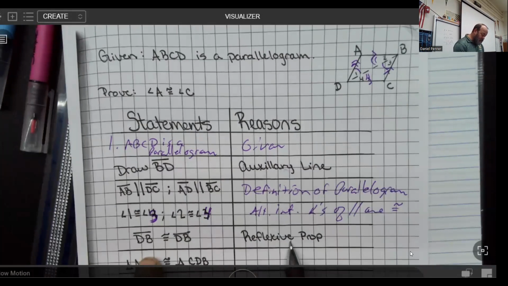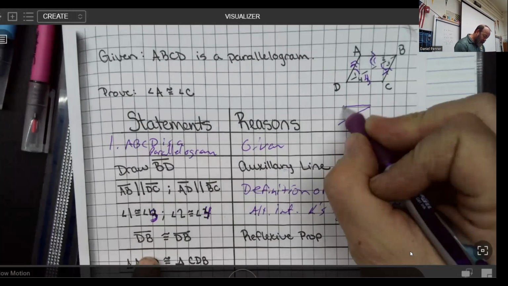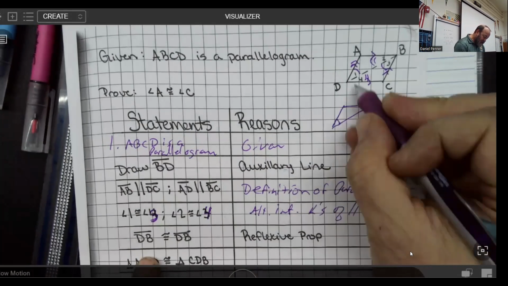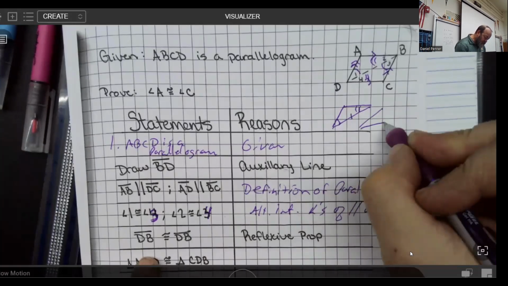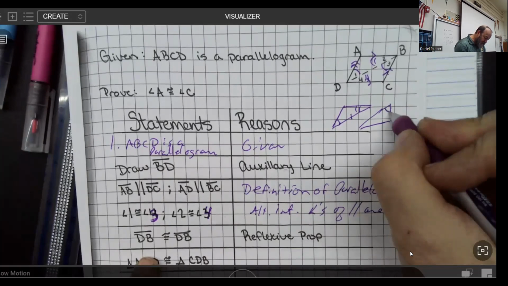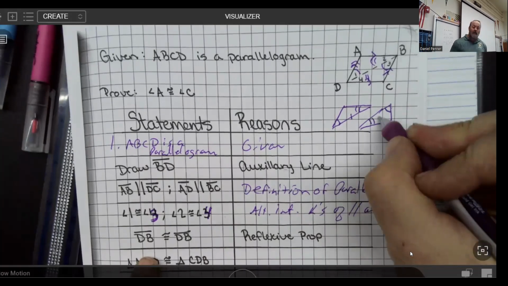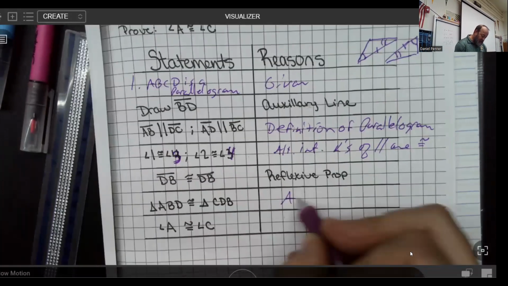Now, if you go through the process, and I broke this apart so we could see it, I have this angle here, and this angle here, and this one. On the other triangle, I'm just separating them so we can see them a little bit better. I had this angle marked, and this side marked. What you can see between those two triangles is that they are congruent by ASA congruence.